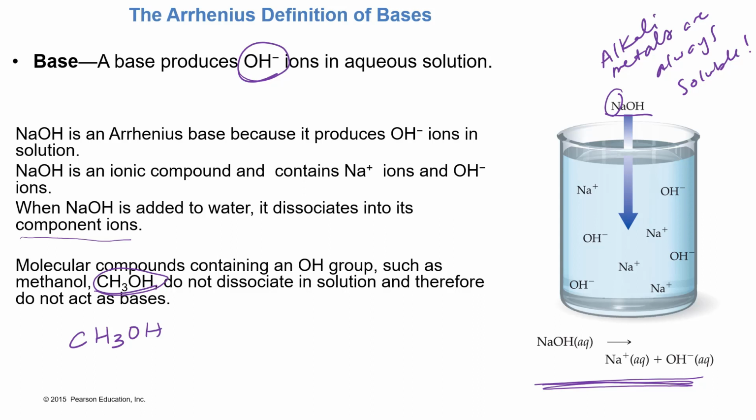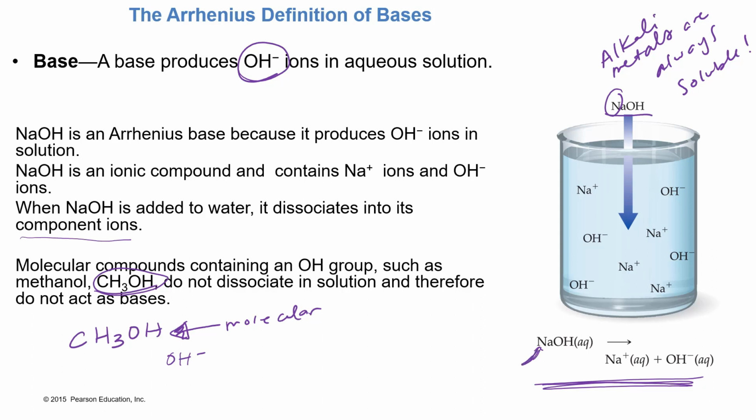All right, molecular compounds containing a hydroxide group, or an OH group, it's actually called a hydroxyl group, such as methanol, do not dissociate in water because these are molecular compounds. They're not ionic. So you kind of have to watch out for that. I usually don't try to trick you like that, but alcohols are not going to make OH negative because it's not ionically bonded, whereas this is a metal and hydroxide, right?